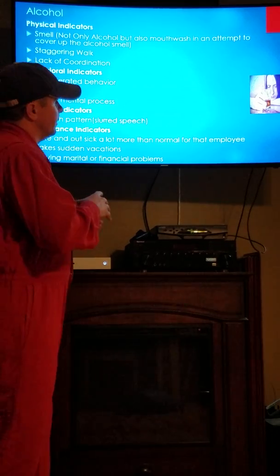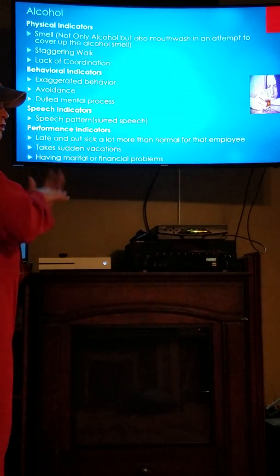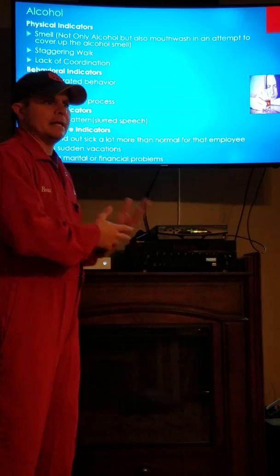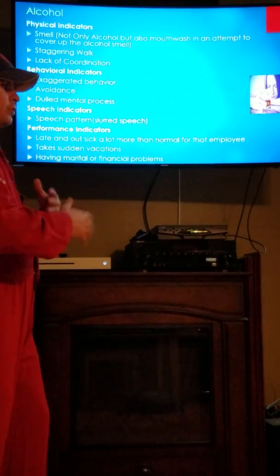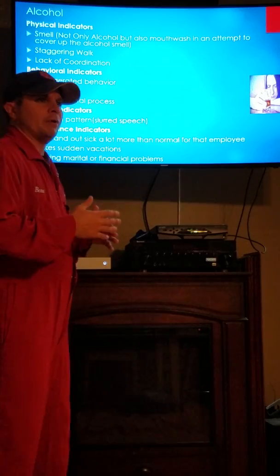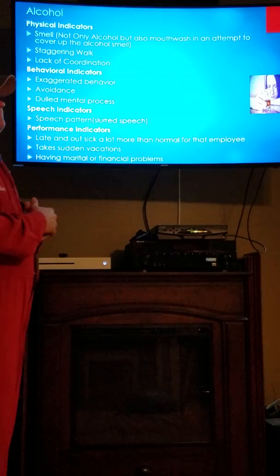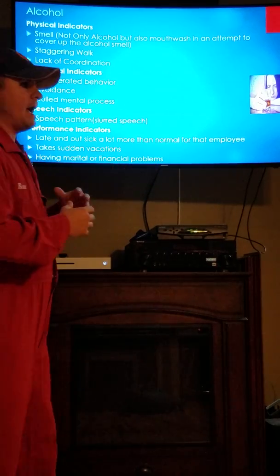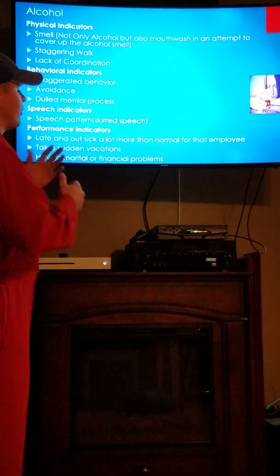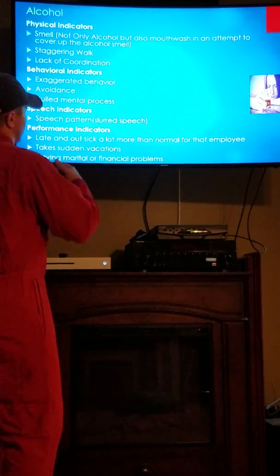Moving forward, you're going to see a lot of different drug classes will have some of the same indicators. Those drugs may have some of the same impacts. For example, an upper, like a cocaine or an amphetamine, may make that person talkative, whereas with alcohol or a downer, a painkiller, you may see slurred speech.